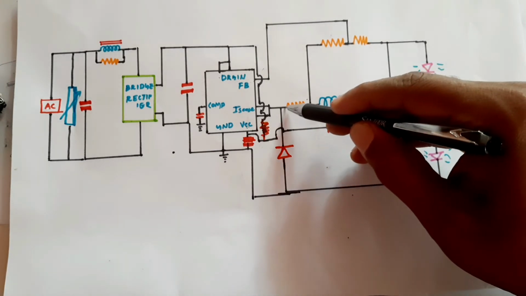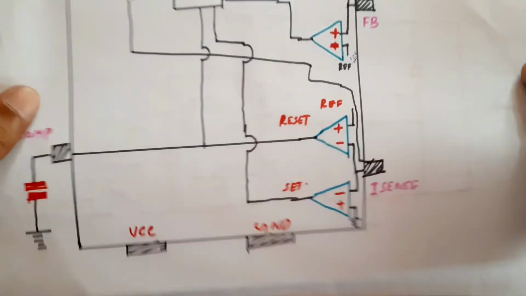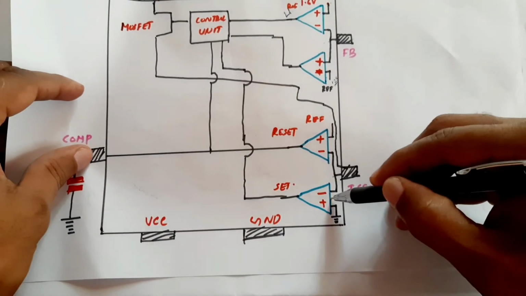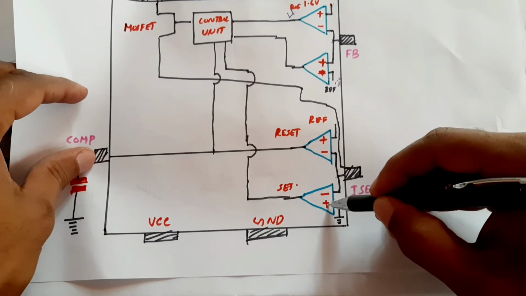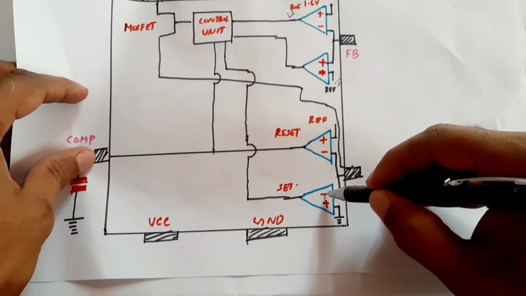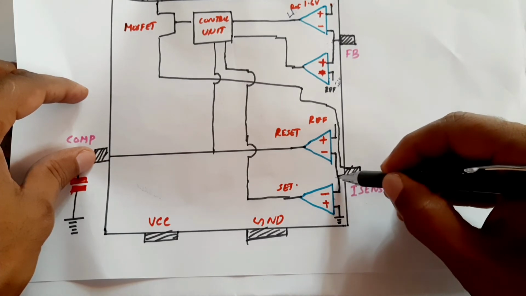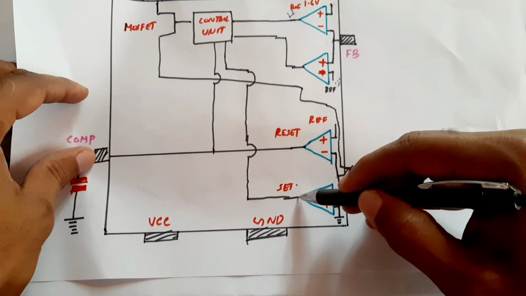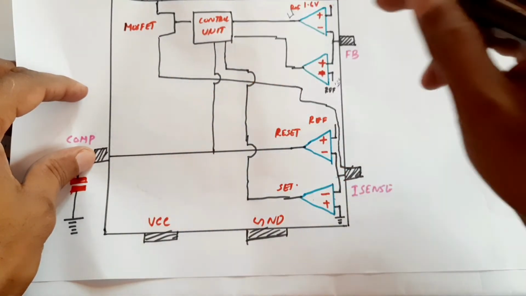When the current at this point becomes zero, there is a sense resistor to detect the zero crossing. That means it is grounded. This point of the op-amp is grounded. That means when this voltage falls below 0 volt, this op-amp tells the control unit to switch on the transistor.